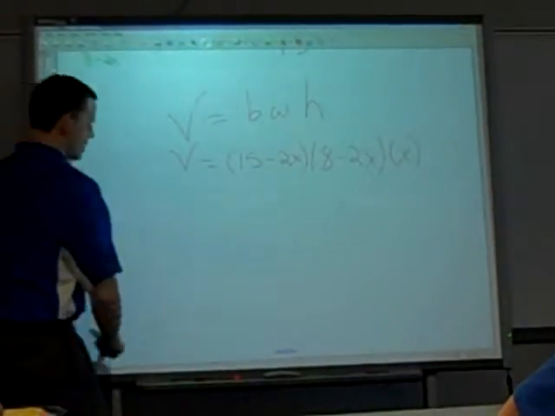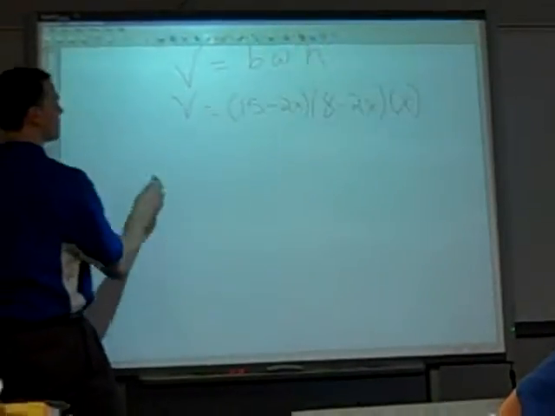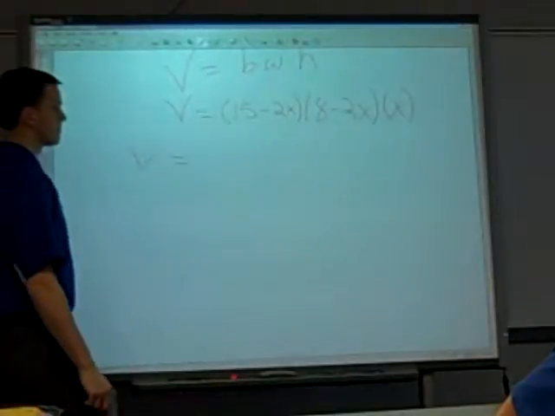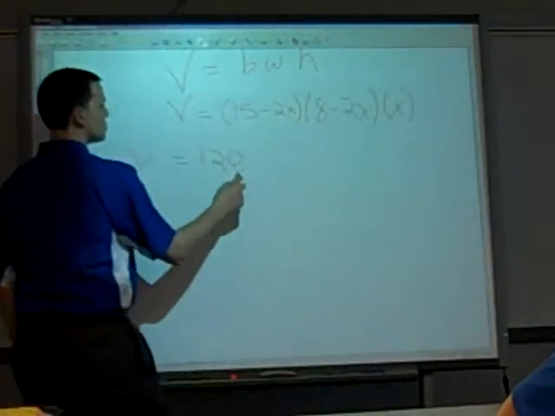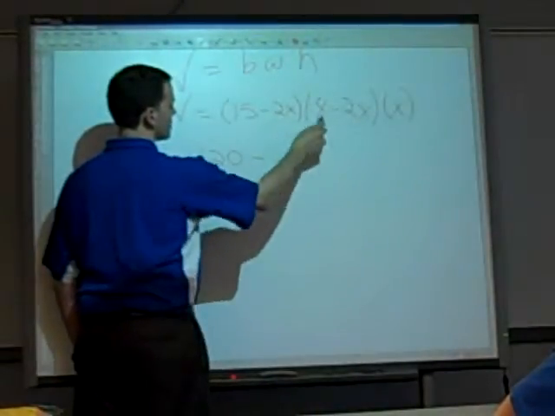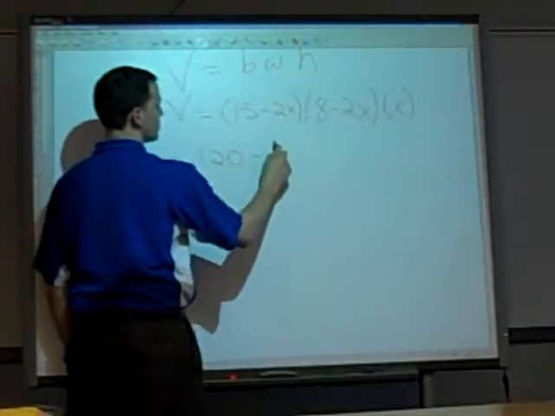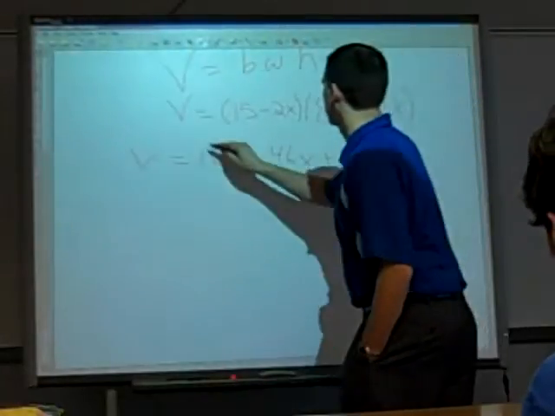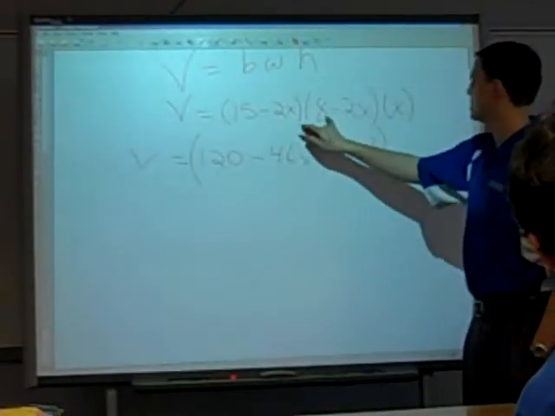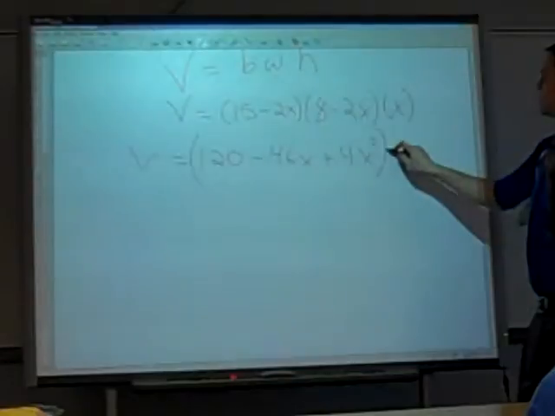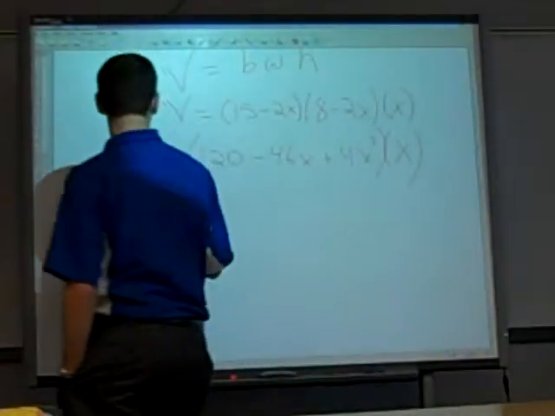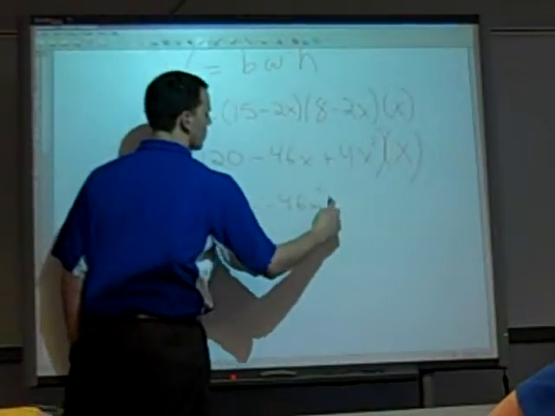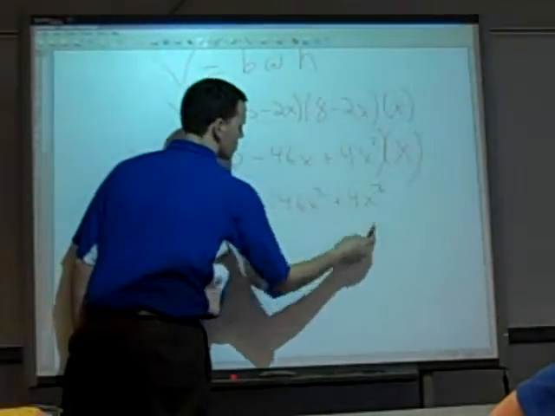So let's expand this out. 15 times 8 is 120, minus 16x minus 30x is minus 46x, plus 4x squared. Times x, and now distribute the x. So 120x minus 46x squared plus 4x cubed.